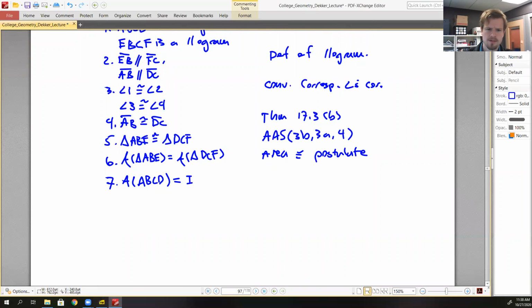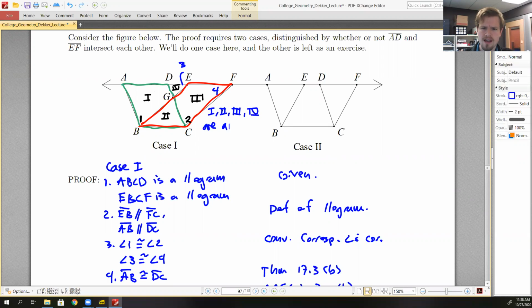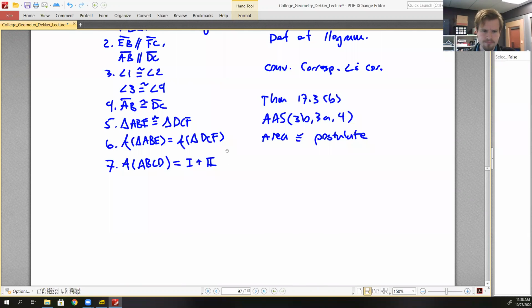So keep in mind, these areas 1, 2, 3, and 4 are areas. I'm not labeling parallelograms or triangles with those. I'm labeling areas. This is an area. That's a number. So the area is equal to this area plus that area.